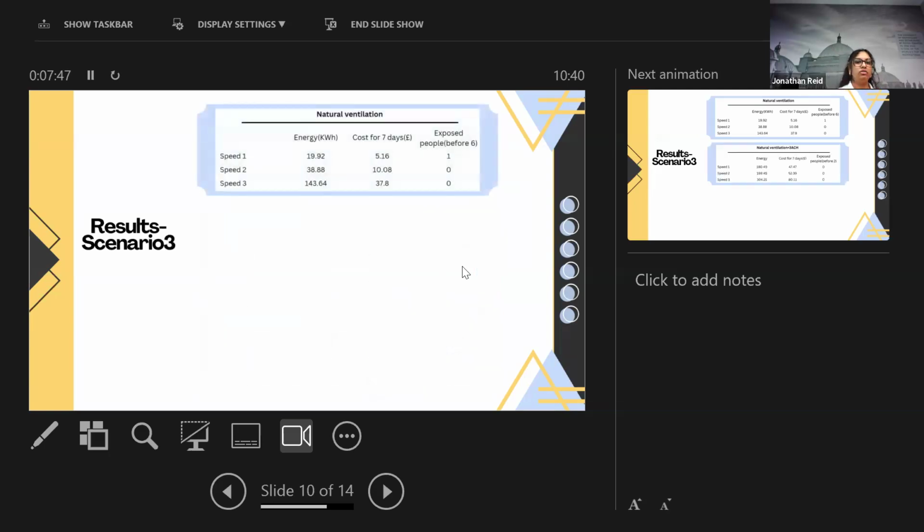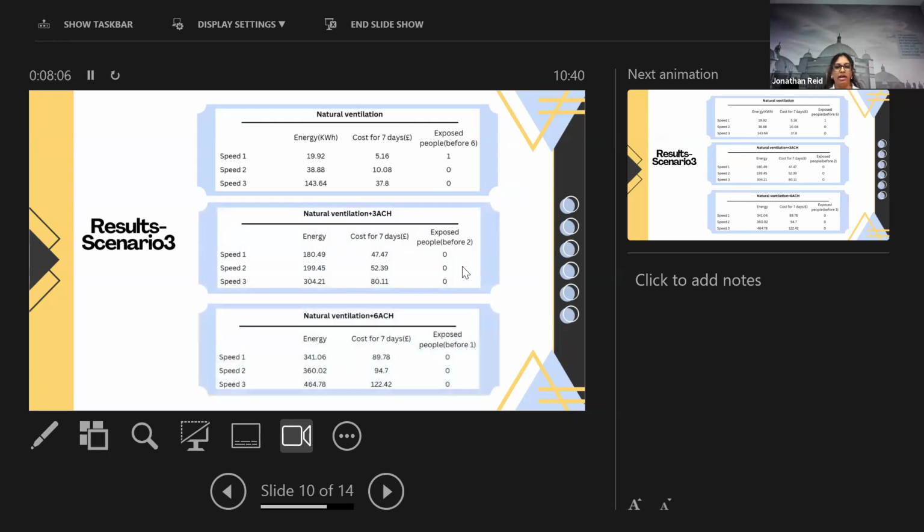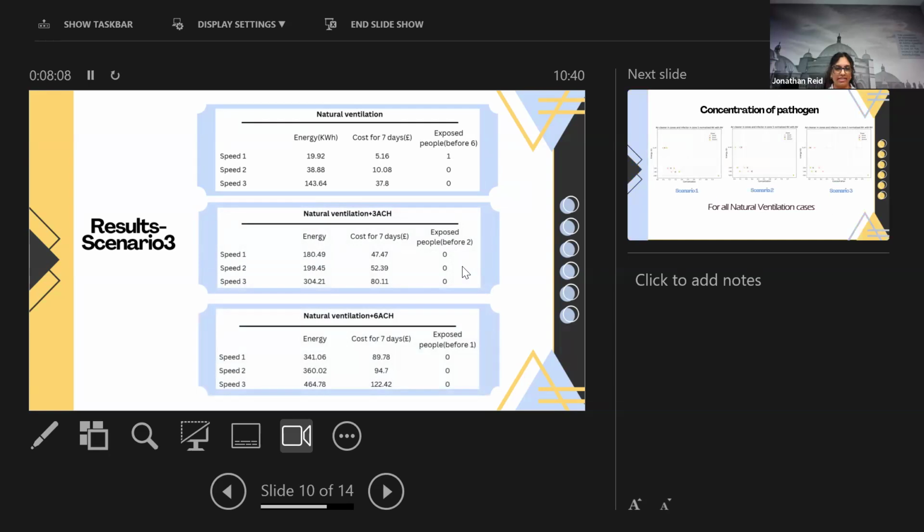For the third scenario, where the air cleaner was placed in all 12 zones, we see that with just £10 weekly, the number of exposed people reduced from 6 to 0 for natural ventilation. With natural ventilation plus 3 ACH, the exposed people was 0 with approximately £45 to £80 weekly. And for the three different speeds with 6 ACH, the number of exposed people was 0 with approximately £85 to £125 weekly.